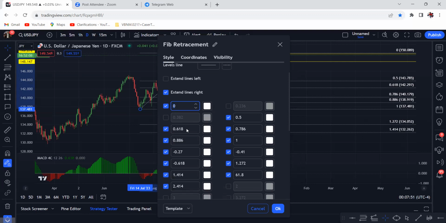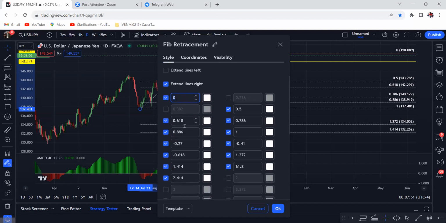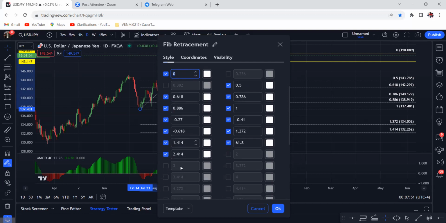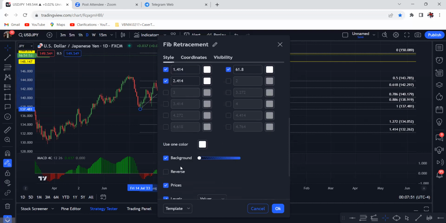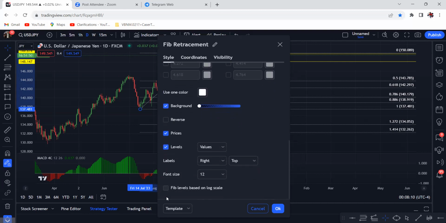So I'll remove that. All I care about is 618, right? 50, 786, 886, and the extended fib levels. All right, take a screenshot or pause the video. Right. I hate TradingView's Fibonacci too.